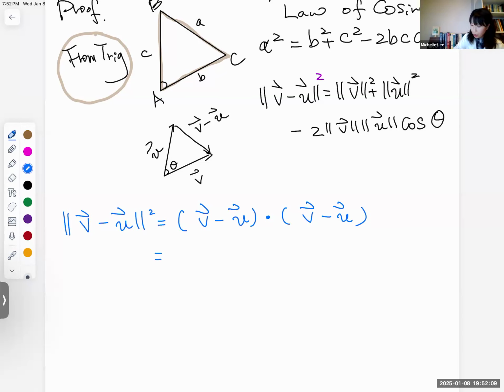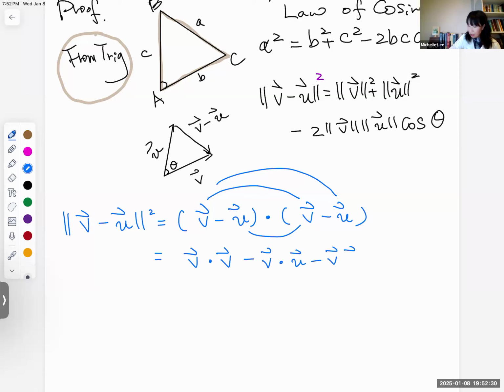So we can do v dot v, minus v dot u. And this one, minus v dot u again, right?